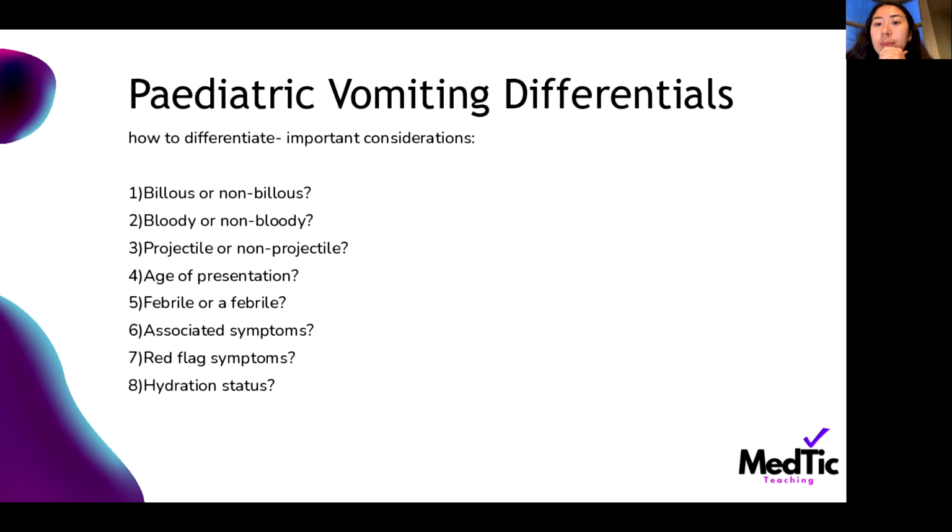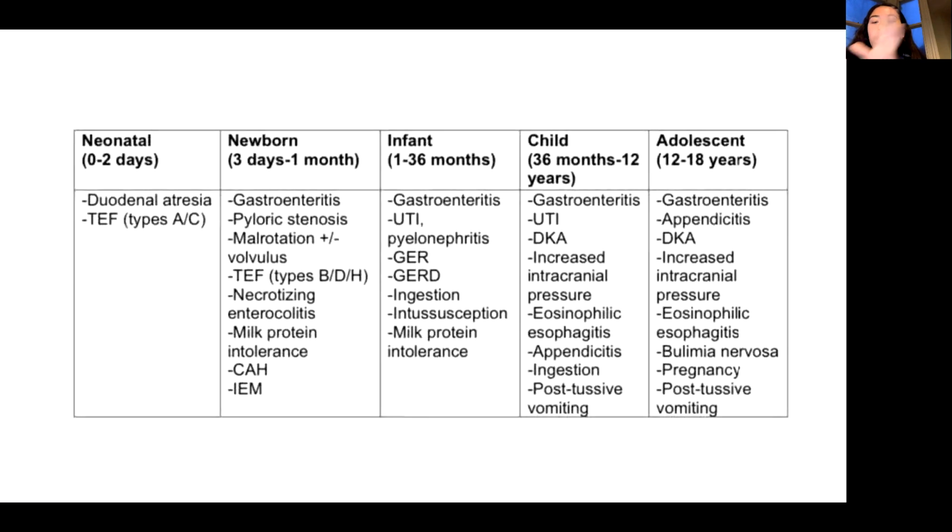Associated symptoms as well. And when I was doing research for making these slides, I found a really good resource on PEDS cases. We'll share all the resources at the end so you can have a look yourself. And I thought this was a really good table which showed what age groups and what conditions you expect at each age group.